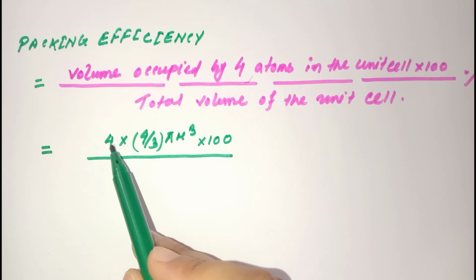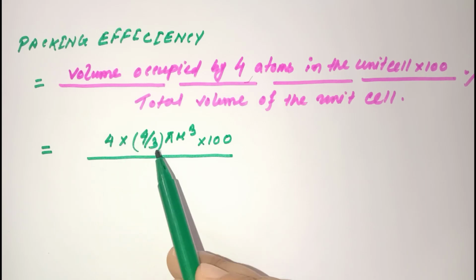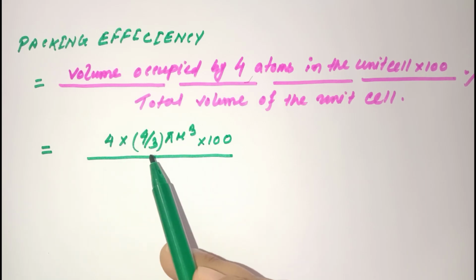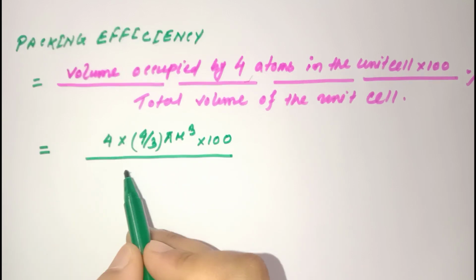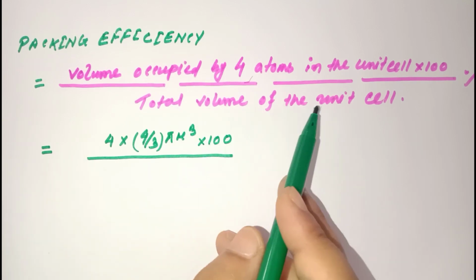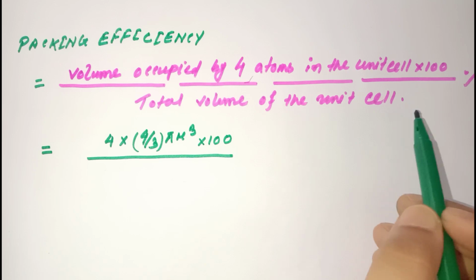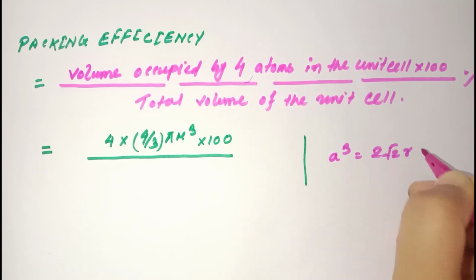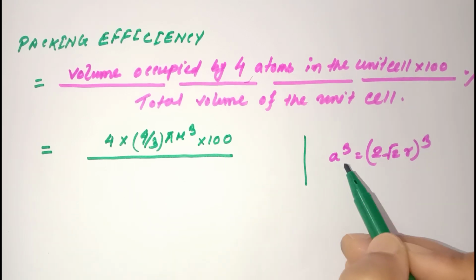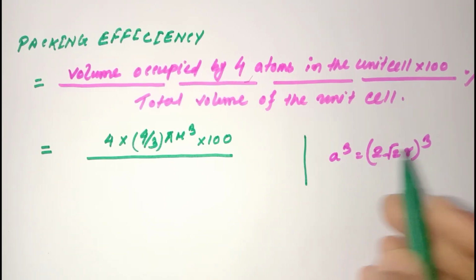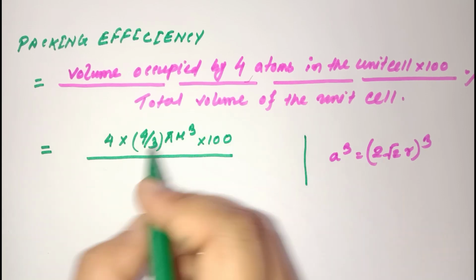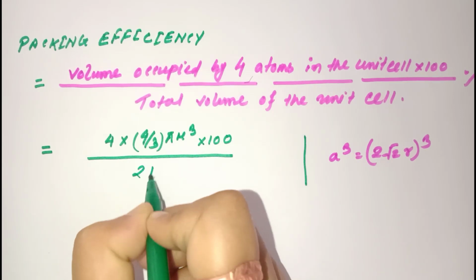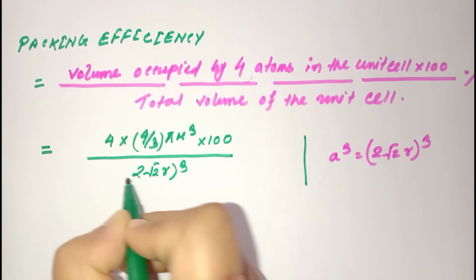That is equal to 4 into 4 by 3 pi r cube, that is the volume of a sphere, into 100 per total volume of the unit cell that we have already found out. What is this? a cube is equal to (2 root 2 r) whole cube. So total volume of the unit cell is (2 root 2 r) whole cube.